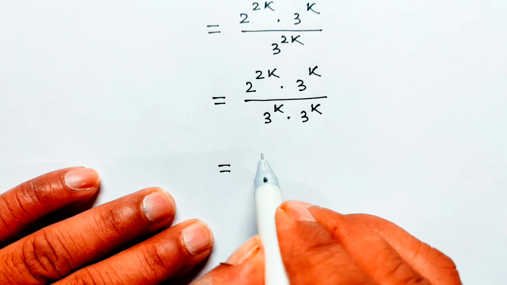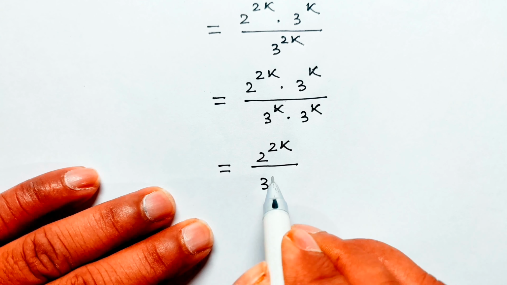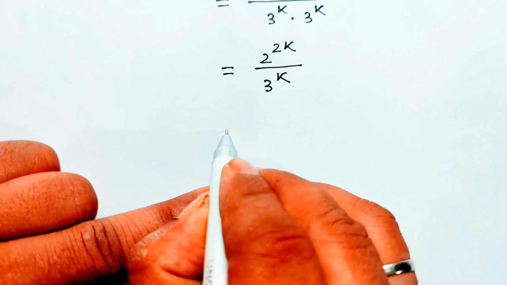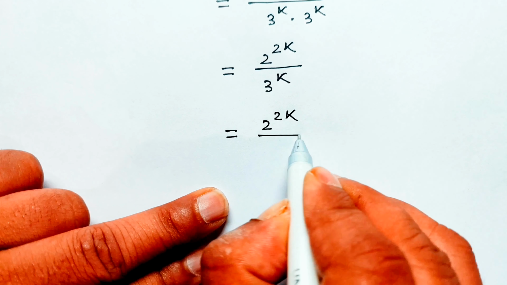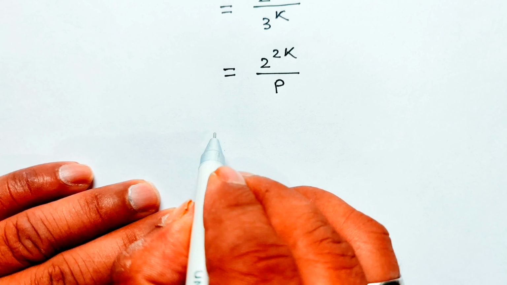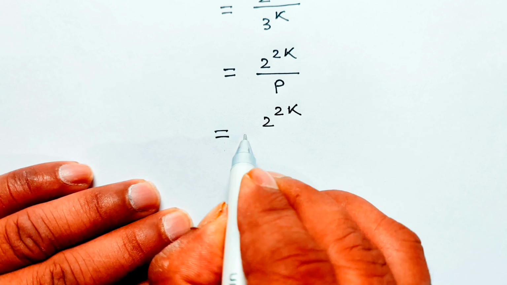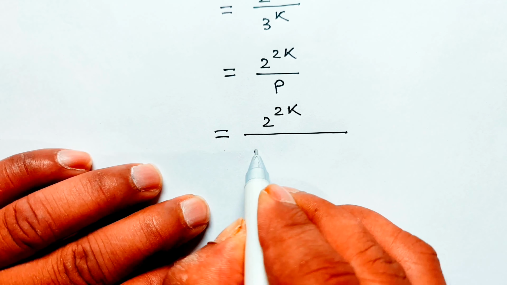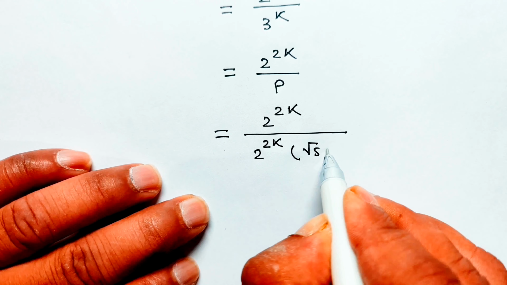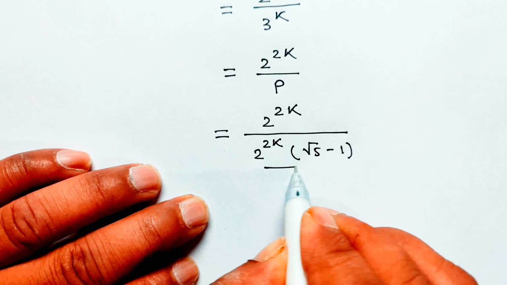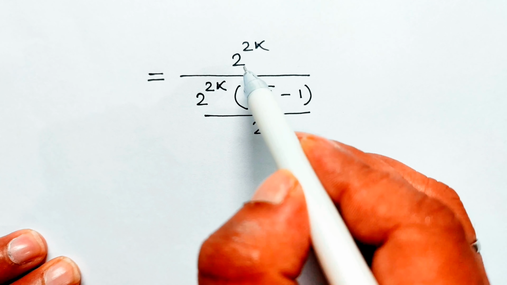Then equal 2 to the power 2k divided by 3 to the power k, then equal 2 to the power 2k divided by p, then equal 2 to the power 2k divided by 2 to the power 2k into (root 5 minus 1) divided by 2. 2 to the power 2k, 2 to the power 2k cancel.